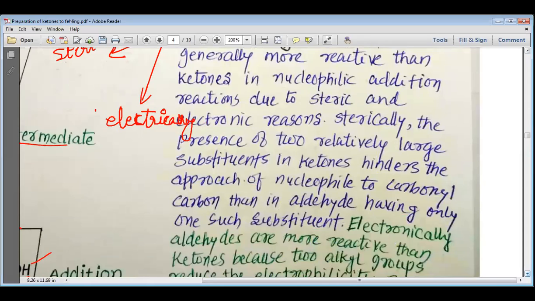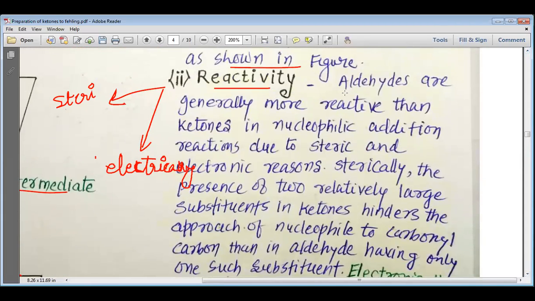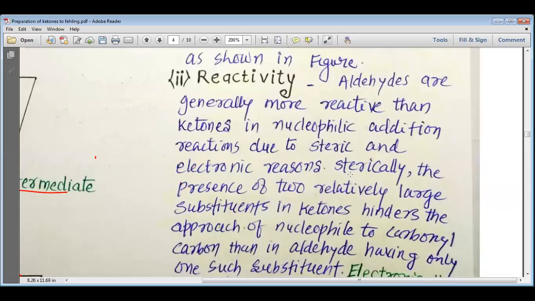We find that aldehydes are generally more reactive than ketones in nucleophilic addition reactions due to steric and electronic reasons.